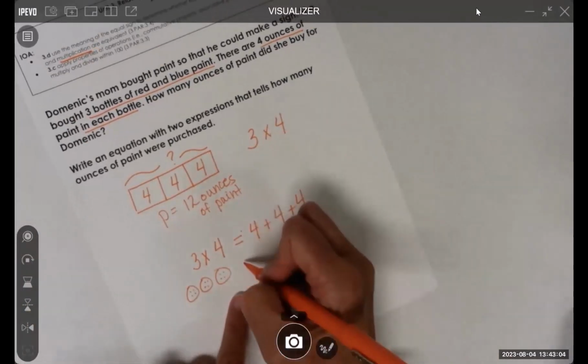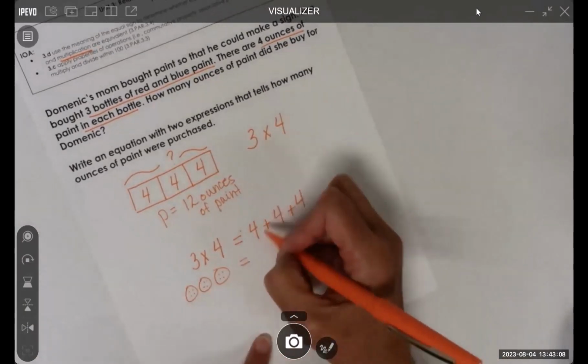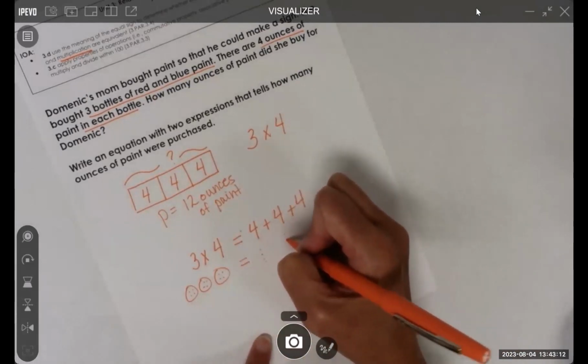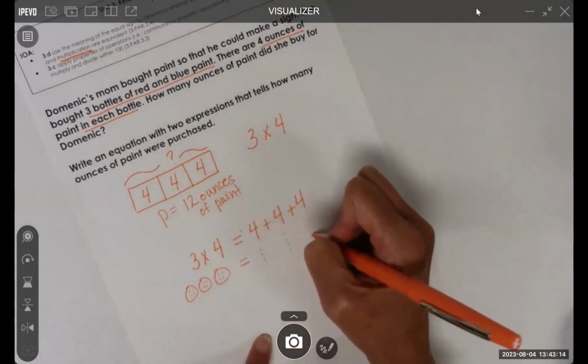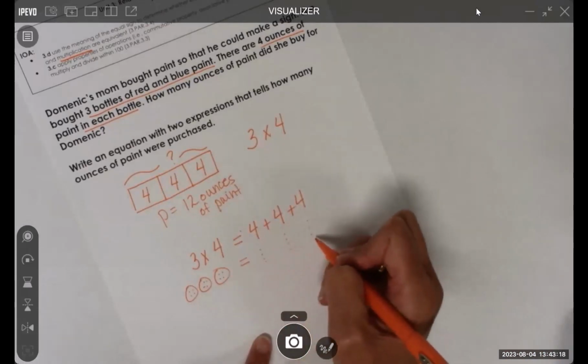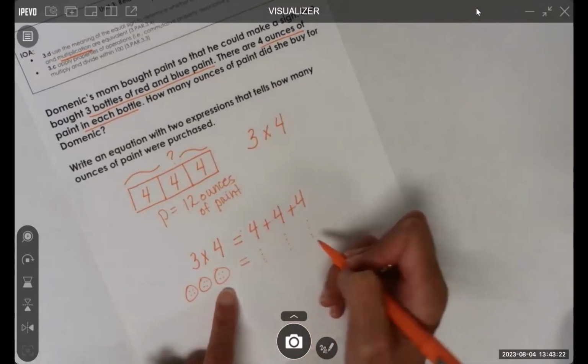All right, and it is also the same as, I'm just going to count, 1, 2, 3, 4. There's 4 in that group, 4 in this group, and 4 in this group, right? So we know that 4 plus 4 plus 4 is the same as 3 times 4.